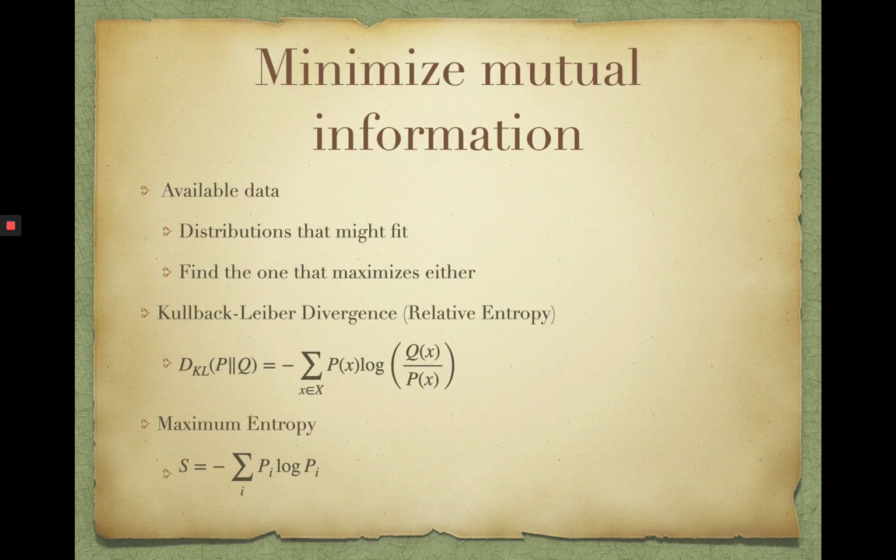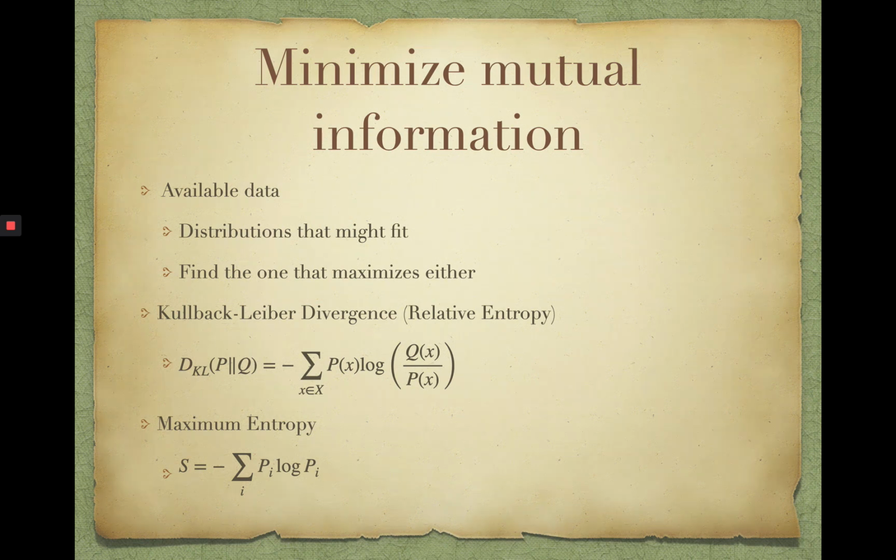So let's talk about some of these cost functions. Minimizing the mutual information. We have an available distribution or available data, and there's a bunch of distributions that might fit it because we don't have that much. So we want to find one that maximizes either, and typically for mutual information, information is related to entropy.